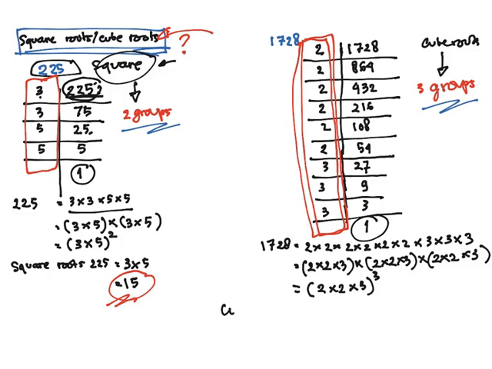So this means we can write this down, that the cube root of 1728 is equal to 2 times 2 times 3, or is equal to 12. Okay, that's how we do the square roots and cube roots of big numbers.